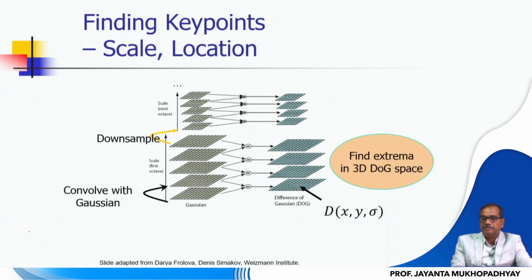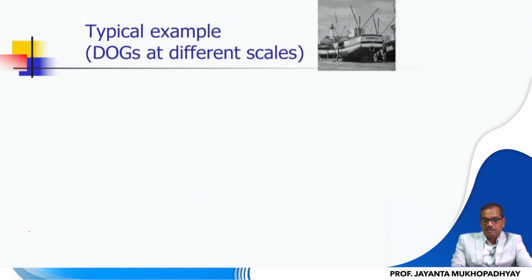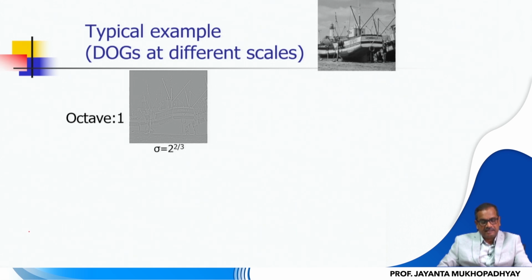So you have to find extrema in 3-dimensional difference of Gaussian space. Some of the typical examples, if we see this kind of scale space representation, say you consider octave 1, and that means a few scales we will be considering.